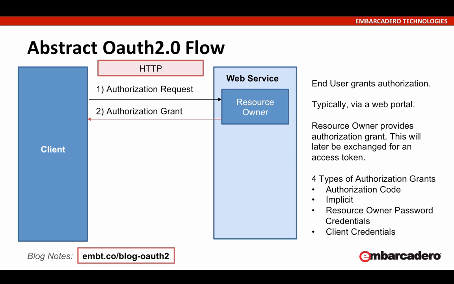After the resource owner provides authorization, the client then receives what is known as an authorization grant. There are different kinds of authorization grants depending upon, I guess you could say, the environment that the OAuth 2.0 specification is being used within.